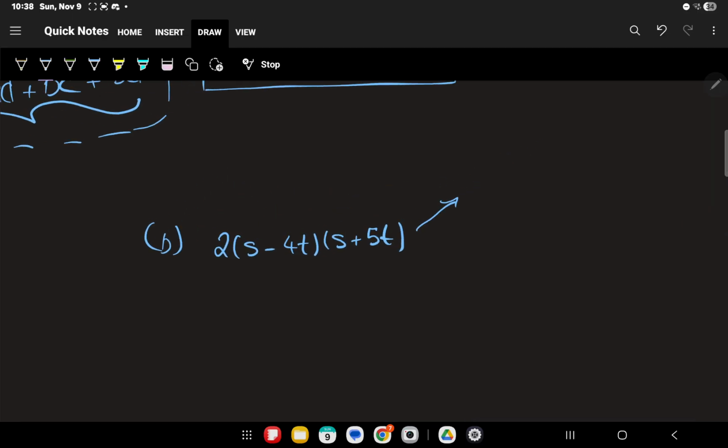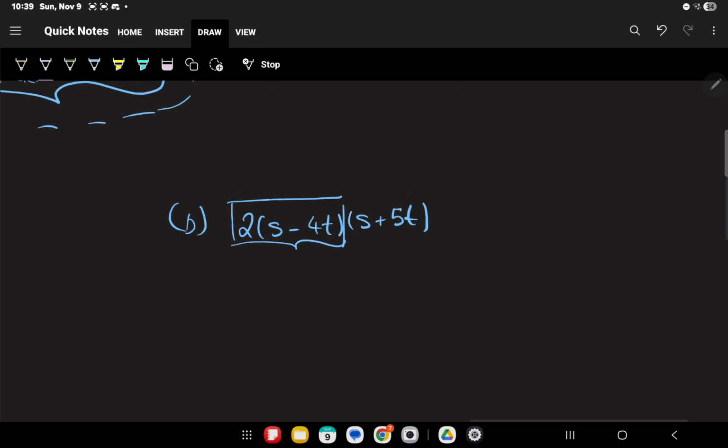You can expand this first, or you can expand the 2 times (s minus 4t) first. Personally, I would go for the 2 times (s minus 4t) first, because when you expand the other two, it gets a little bit messy.